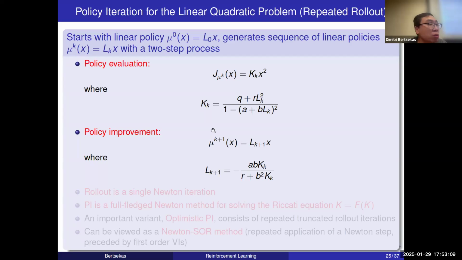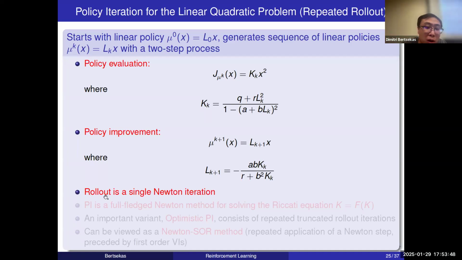So one Newton step means starting from Kk, that corresponds to a policy mu k, you get K k plus 1, which is the cost function of the improved policy. So that's the Newton step. Starting from a cost function, you get a new cost function, and the distance between those is the ground covered by the Newton step.